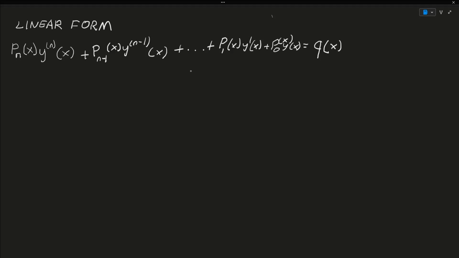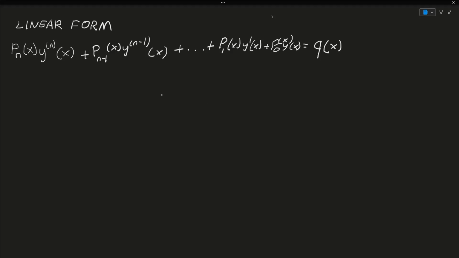I know this formula might look confusing, but it's actually relying on very simple steps. First of all, we have a p sub n of x function times a certain derivative of y, and these are different p of n minus 1. These are just different or same x functions. And over here at the end we have a y of x.